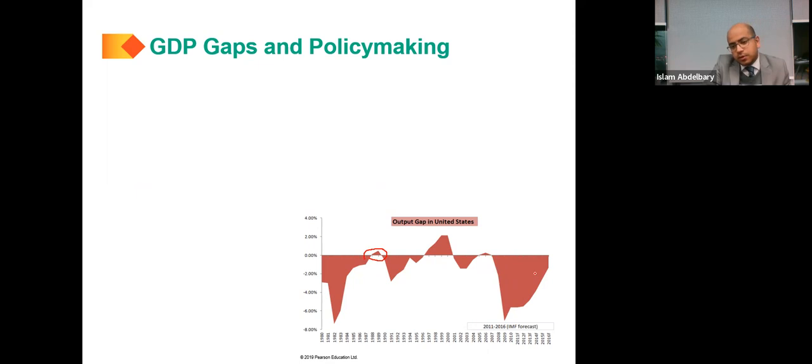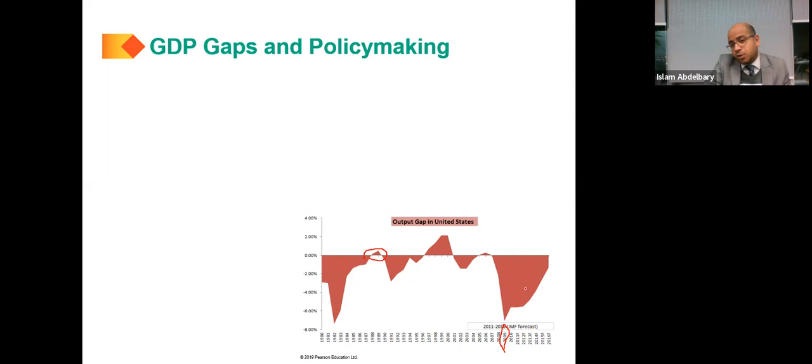Then the gap increased dramatically. If you check, this is in 2009, after the global financial crisis.